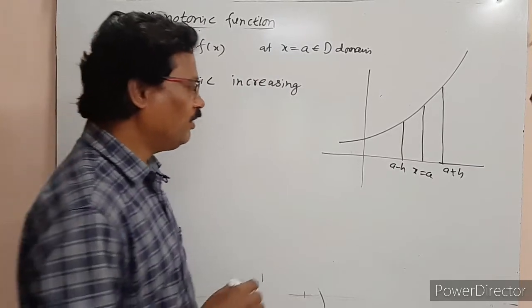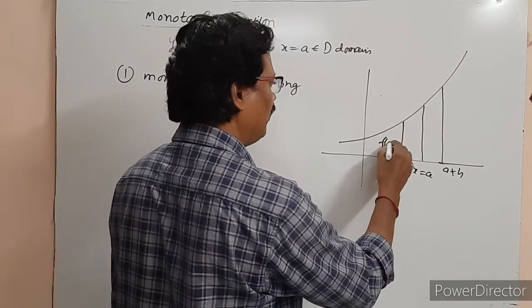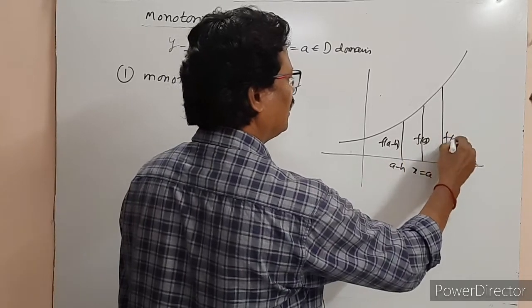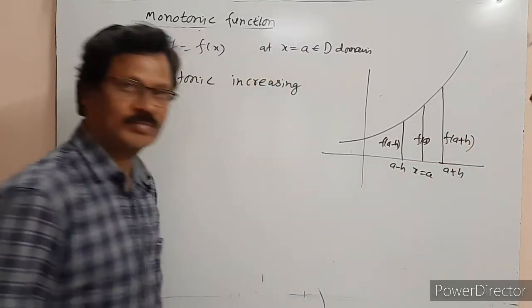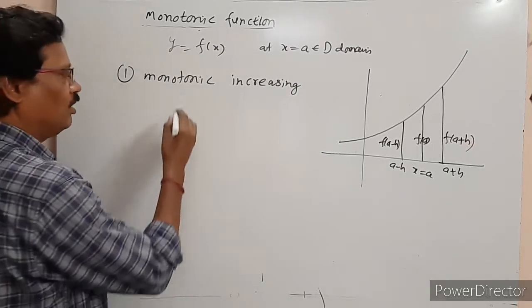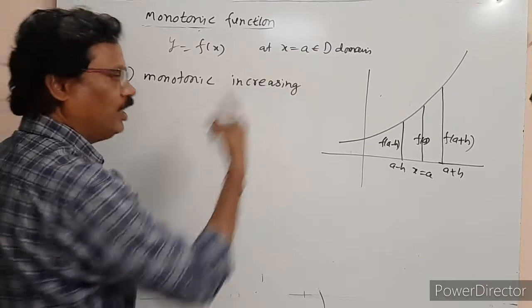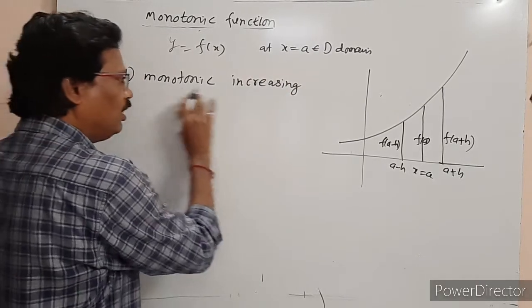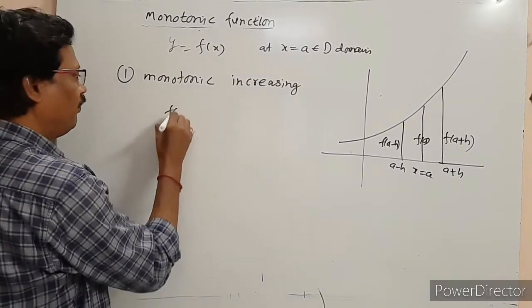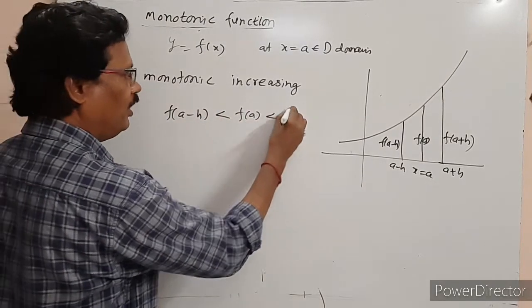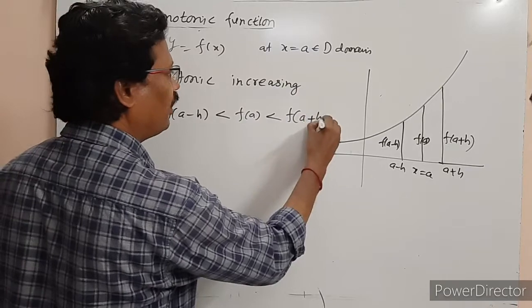Okay. Now if you see this one, this is f of a minus h, this is the f of a, this is the f of a plus h. Now in the domain, at a particular point x equal to a, the monotonic increasing is f of a minus h less than f of a less than f of a plus h.